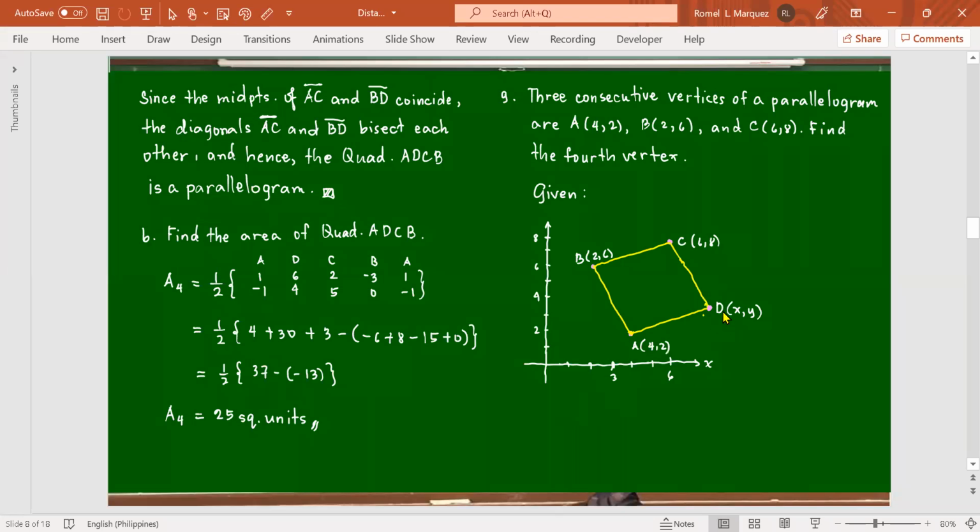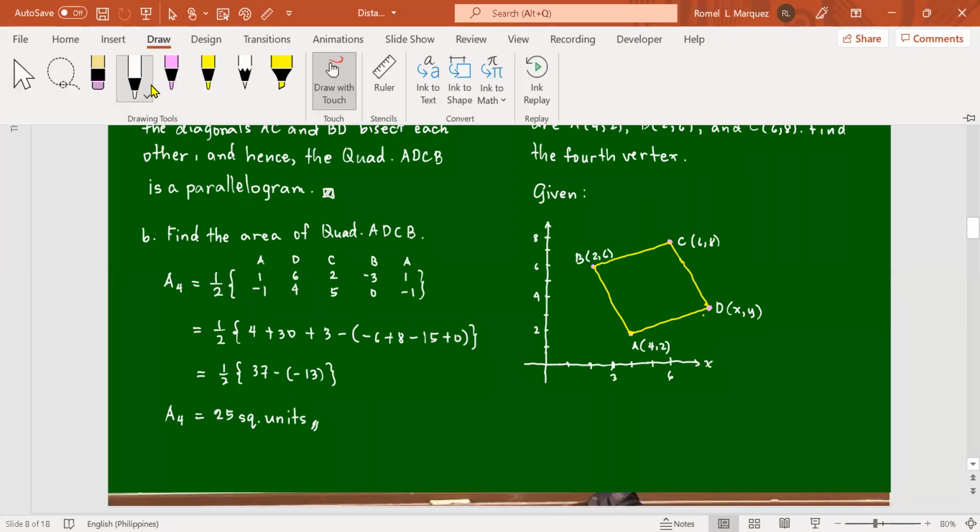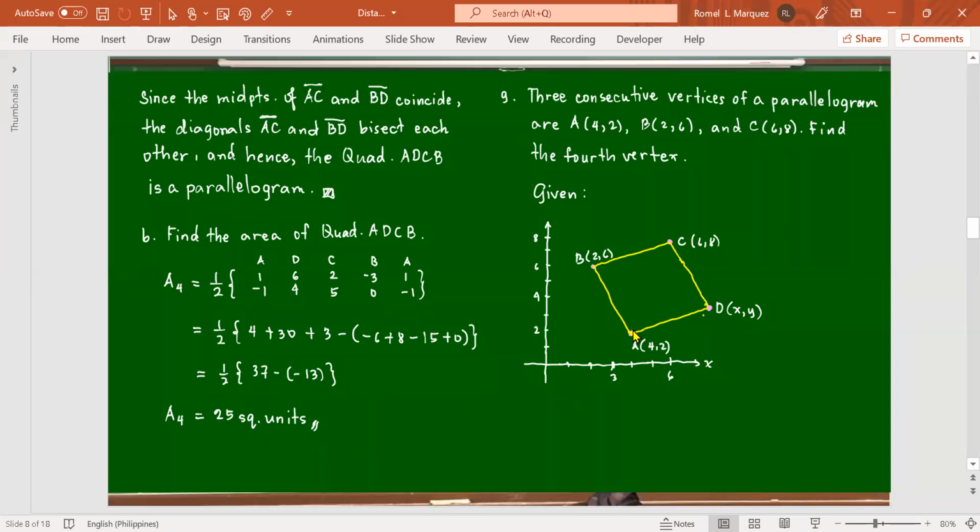How are we going to compute for D? We can make use of the concept of midpoint. Because this is a parallelogram, the midpoint of this diagonal must be equal to the midpoint of the other diagonal. Is that right, guys?